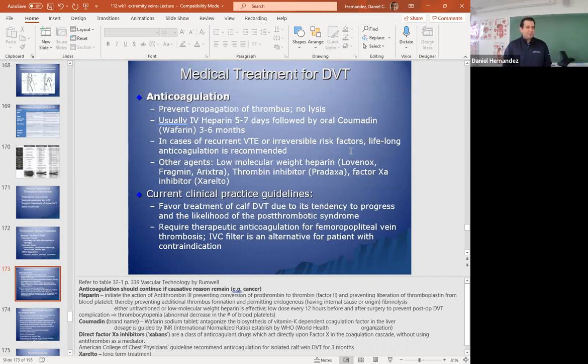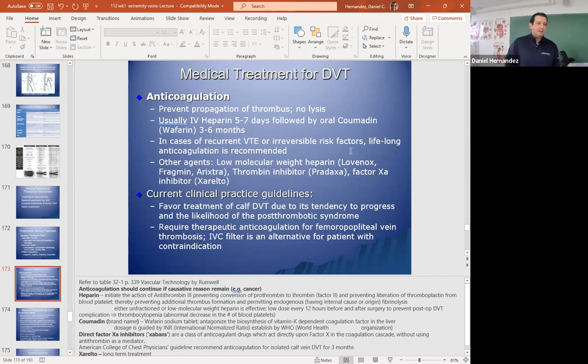Some of the common medications that you're going to hear about in the hospital is going to be heparin. That's the big one. Typically, it's given intravenously for 5 to 7 days. And then these patients are put on oral Coumadin, or warfarin is the drug name, for a period of 3 to 6 months following.